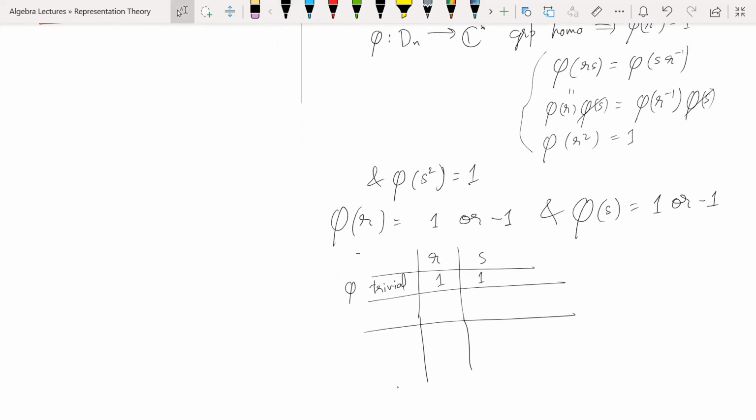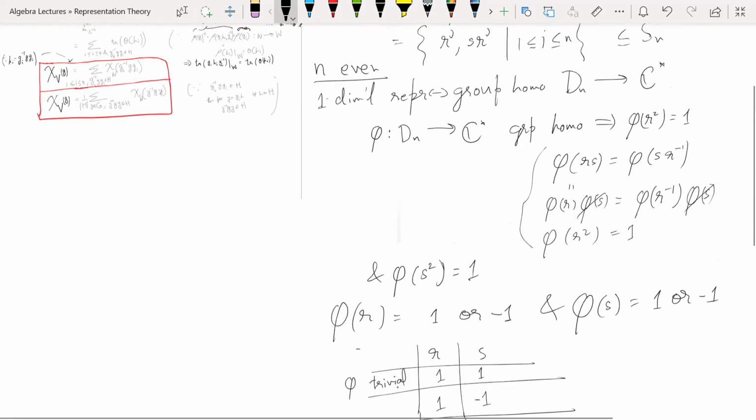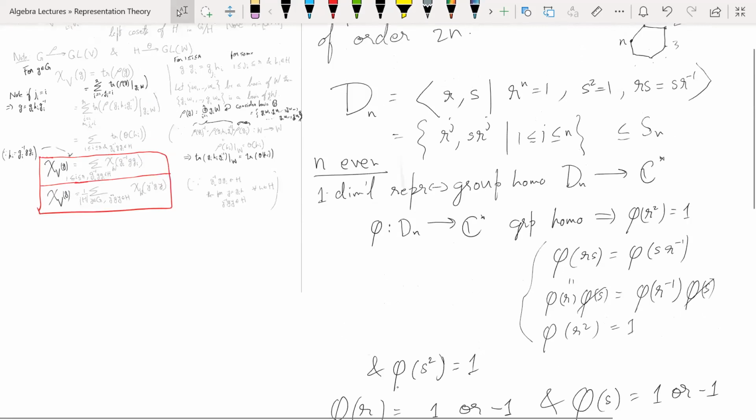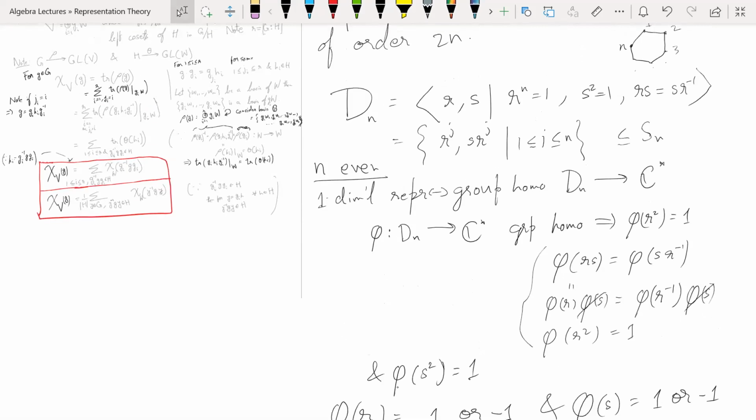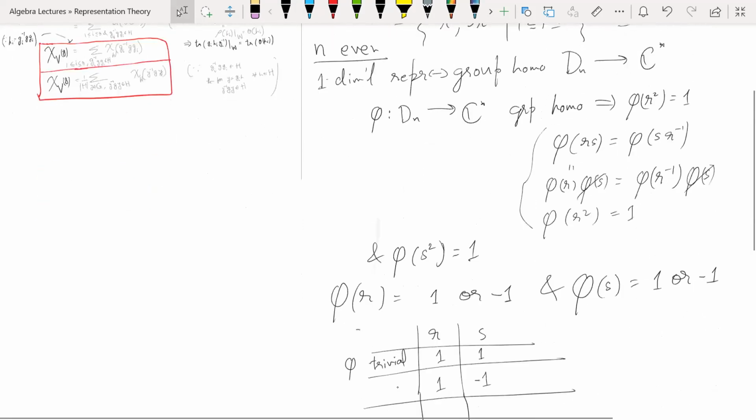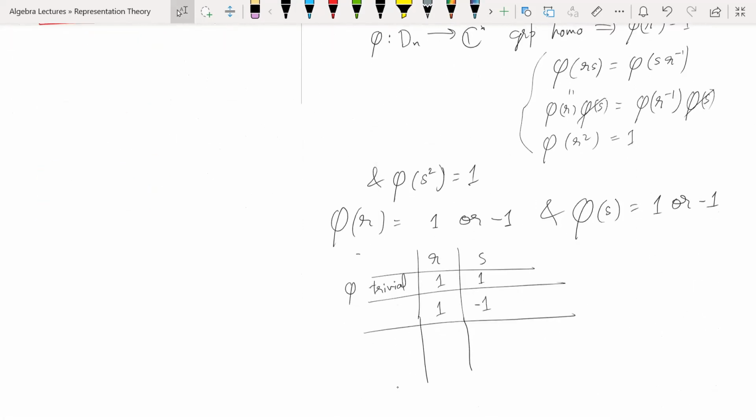If you take R is 1 and S is -1, this does define a group homomorphism from Dn to C star, and the kernel is going to be the cyclic group. So that gives you a homomorphism which is different from the trivial homomorphism.